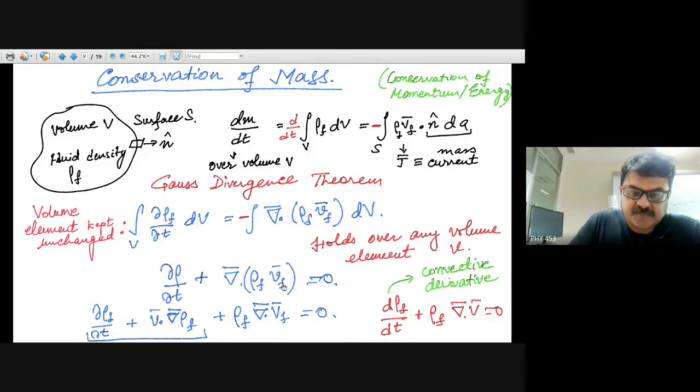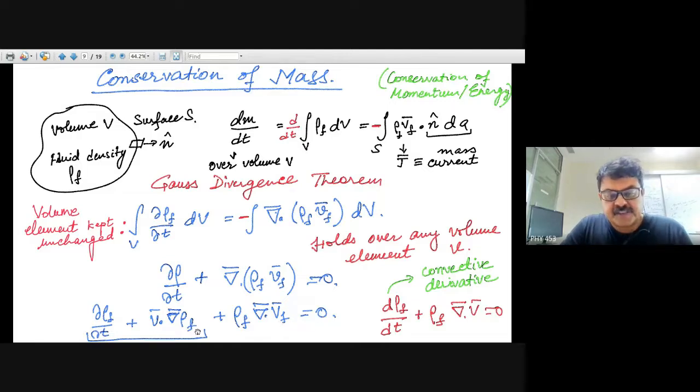Now if we expand this term, it's del rho f by del t plus v dot grad rho f, we're just expanding it, plus rho f divergence v equal to 0.